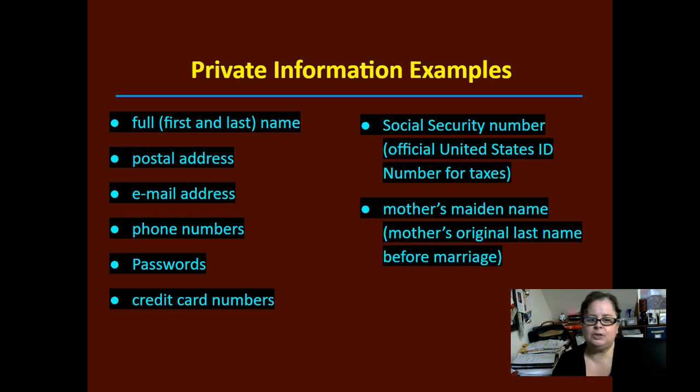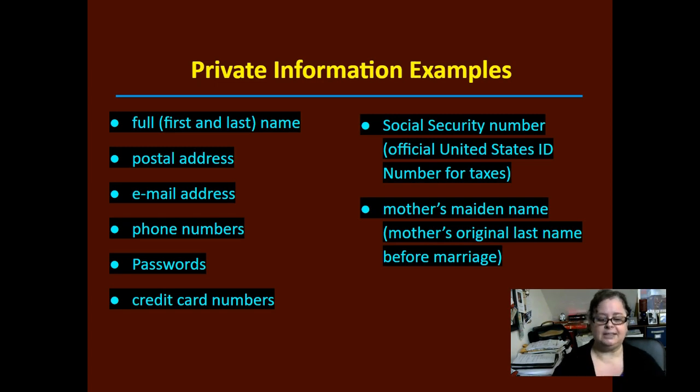Credit card numbers, don't post those online. Your social security number, which is your official United States ID number for tax purposes. You might not know what your social security number is, but I bet your parents do, because when you were born or when you were adopted, they applied for a social security card in your name.